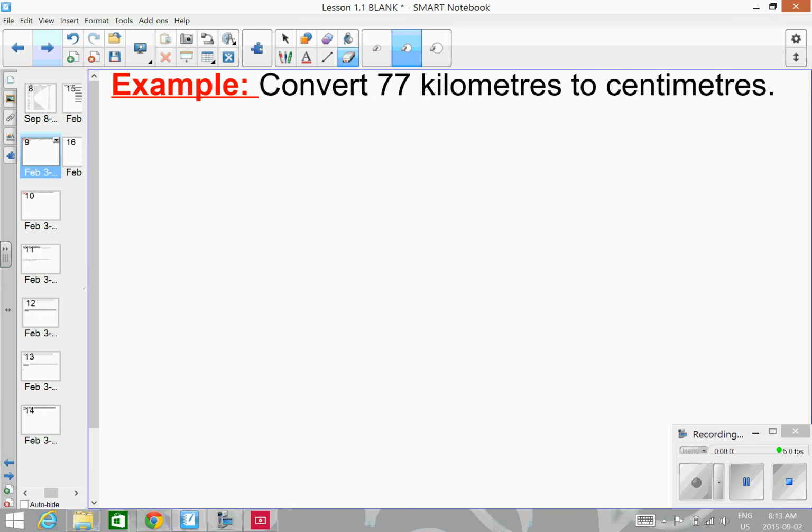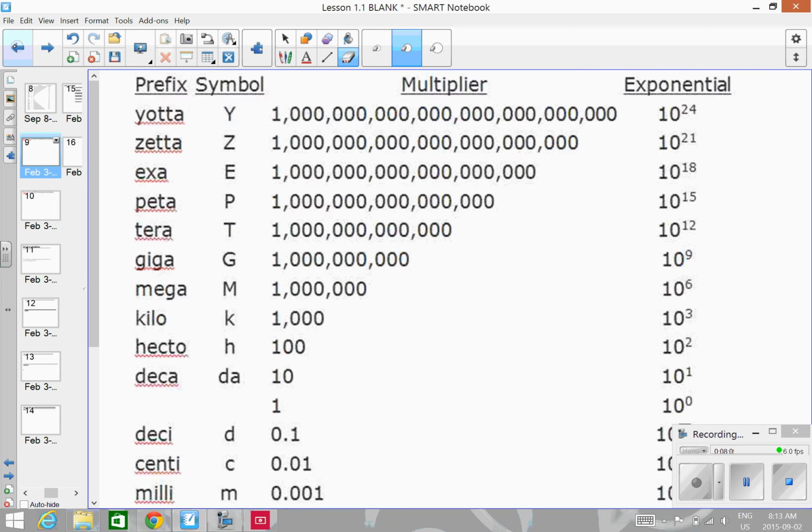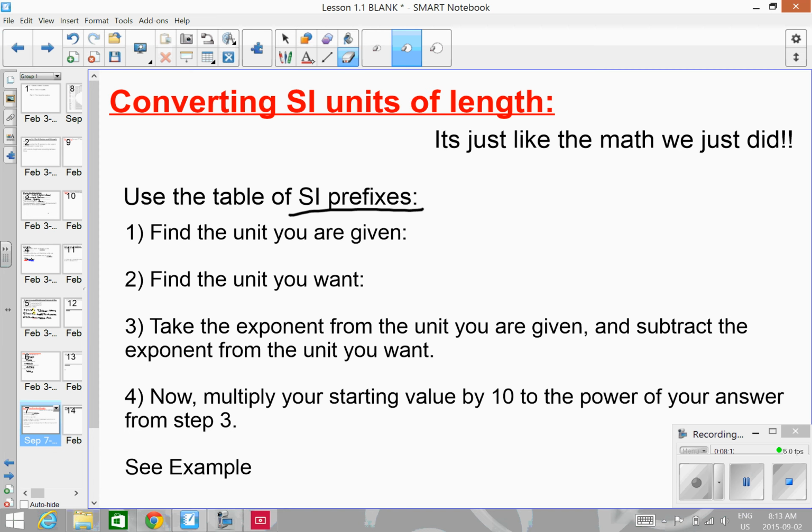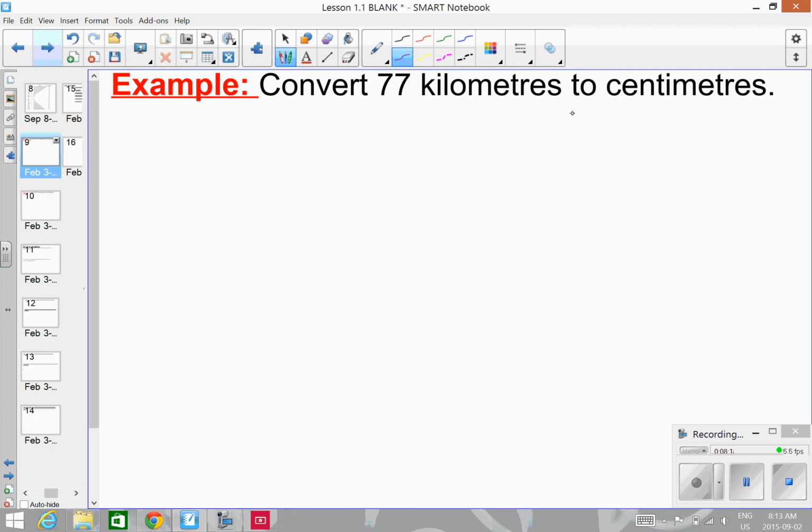Alright, 77 kilometers into centimeters. So, step number 1, we'll find the unit you are given. Alright, we are starting with kilometers.